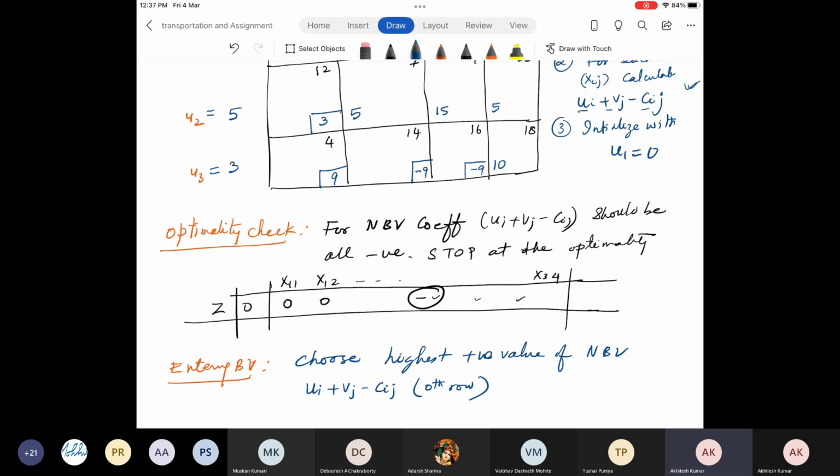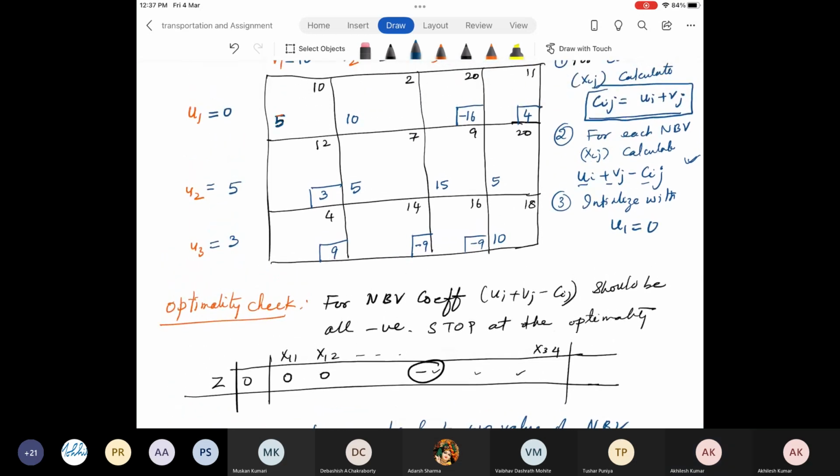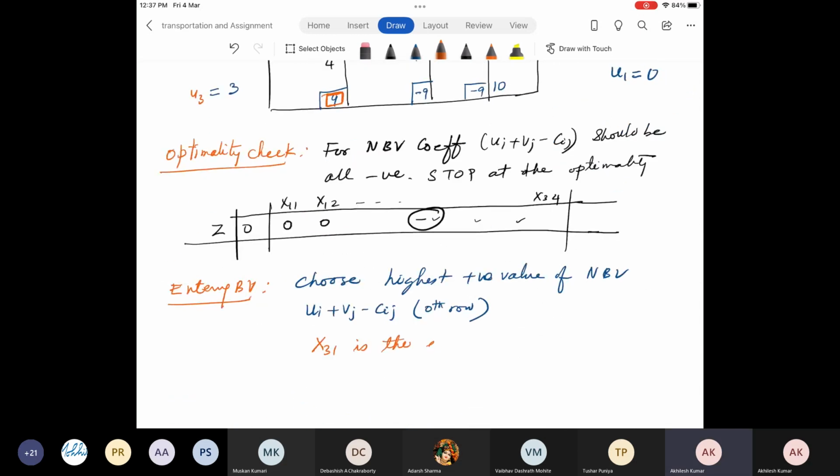After you have realized which one will enter, in our case, which one will enter? The highest positive value. So x31 will enter the basis. So x31 is the entering basic variable.